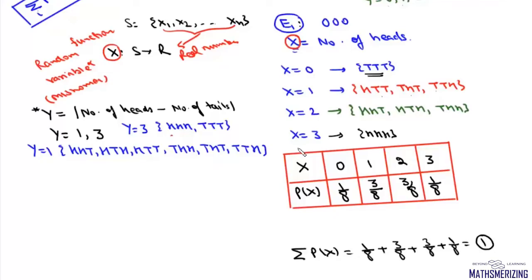Now this table is called the probability distribution of random variable x. And the same way we can find the probability distribution for this y.